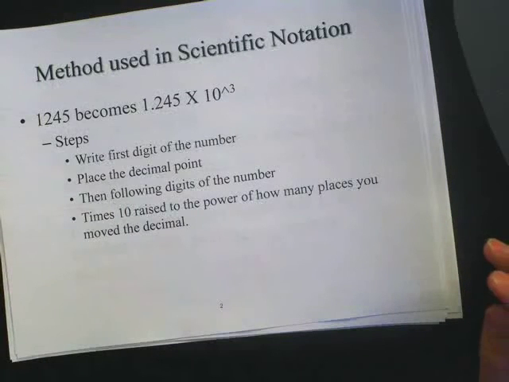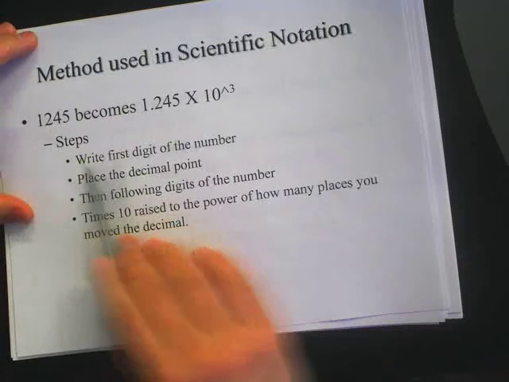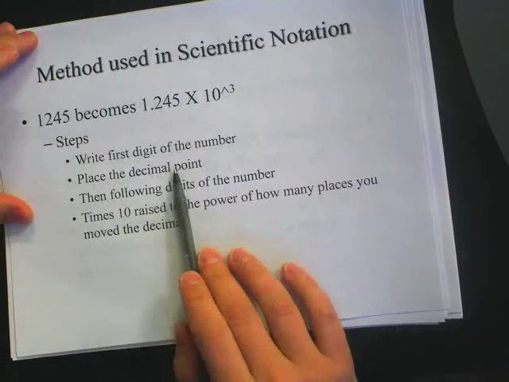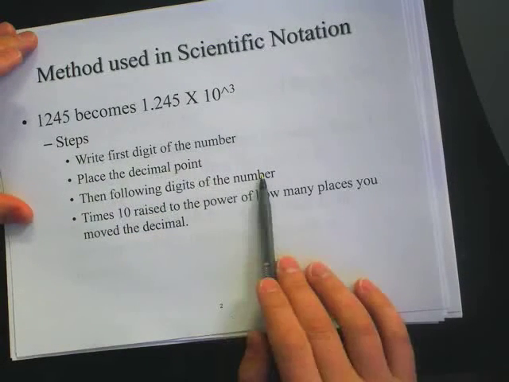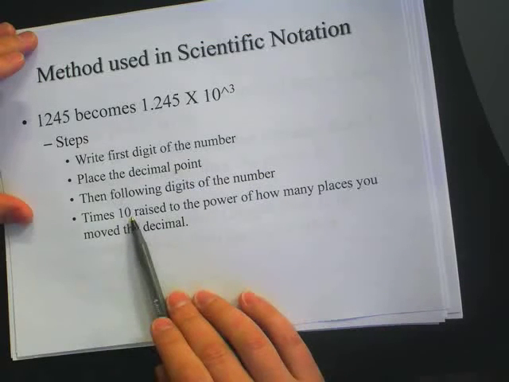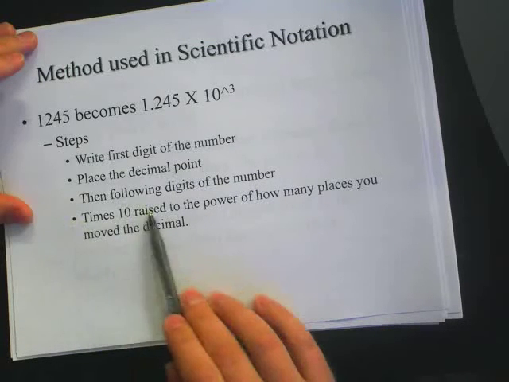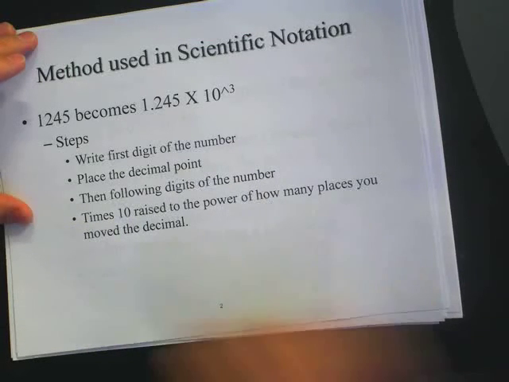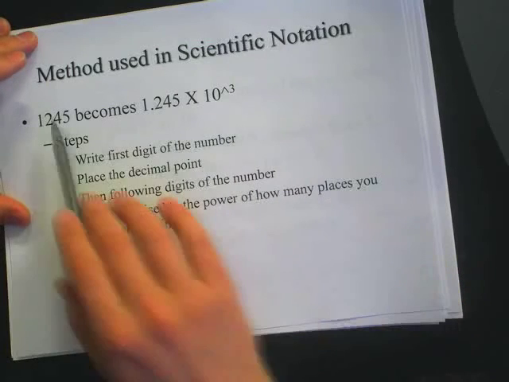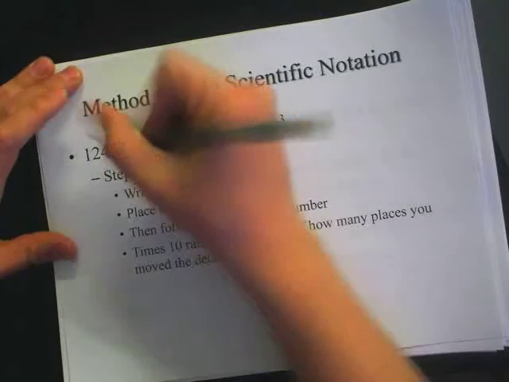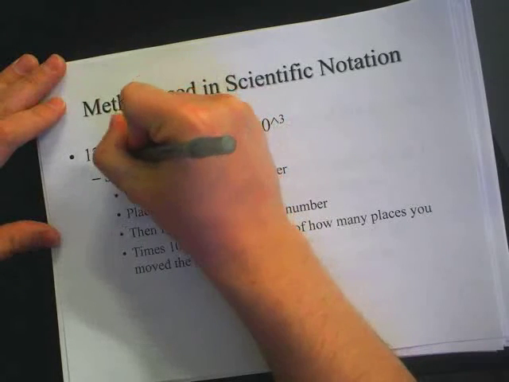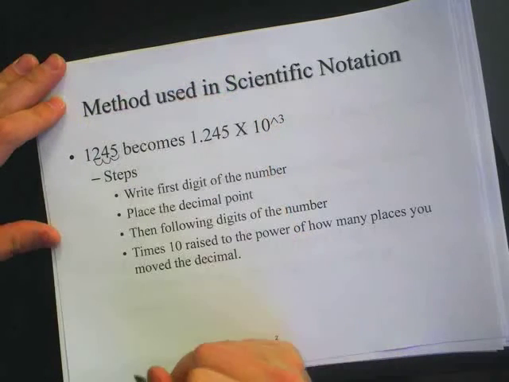How do you make something scientific notation? Well, write the first digit of the number, place the decimal point, then the rest of the digits, and then times 10 raised to whatever power of how many places you move the decimal. So, for example, here, we move the decimal 1, 2, 3 places, so that's why it's 10 to the third.